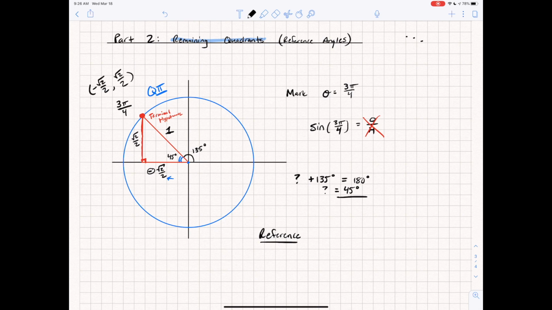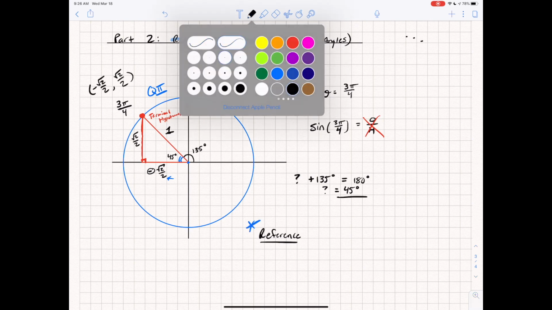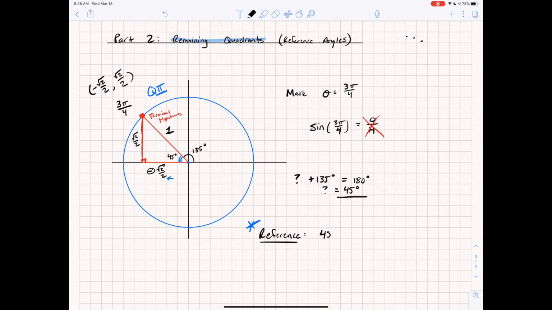All right, and so now I want to go back and talk about this idea of a reference. The 45 degrees, or pi over 4, that we got here is known as my reference angle.